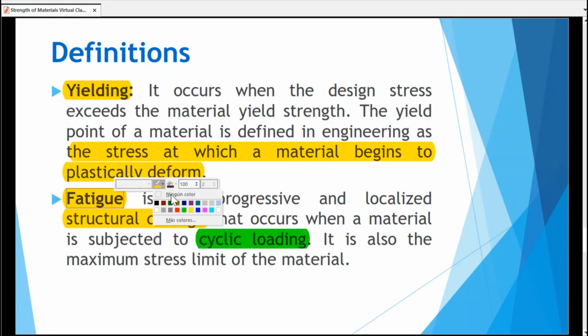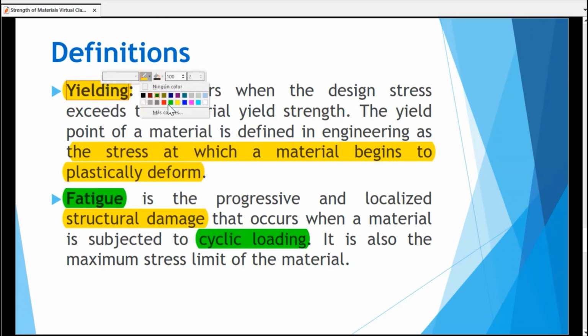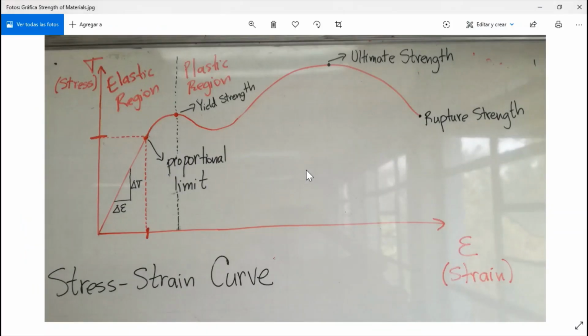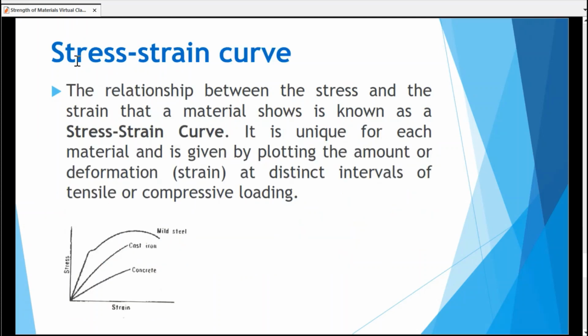Now we are going to check the graph. It is handmade, but it clearly shows the logic, right? Before going there, as you can see, the last part here we have the stress strain curve. This is the graphic that we are going to study right now. Look, the relationship between the stress and the strain that a material shows is known as a stress strain curve.